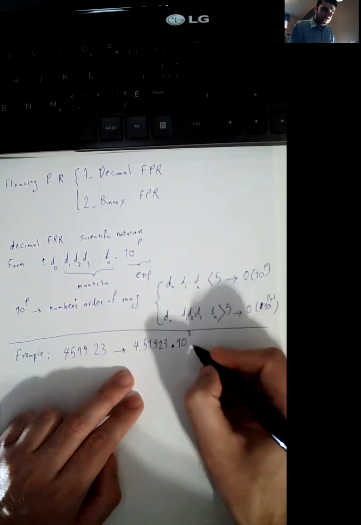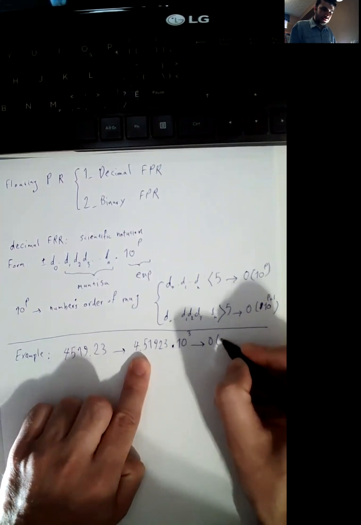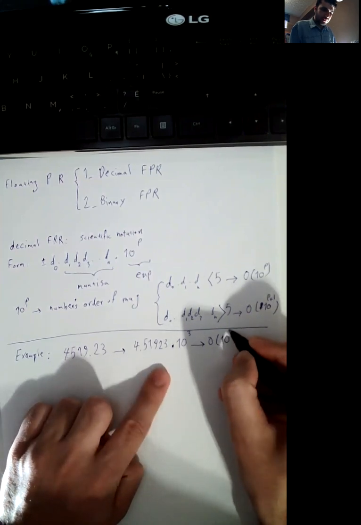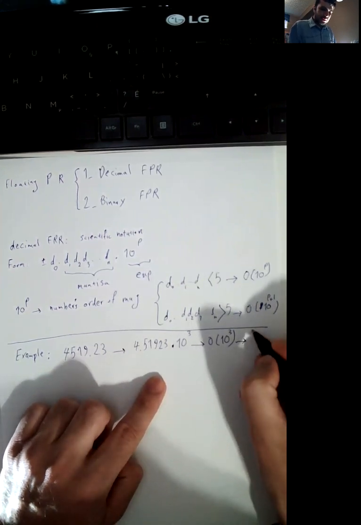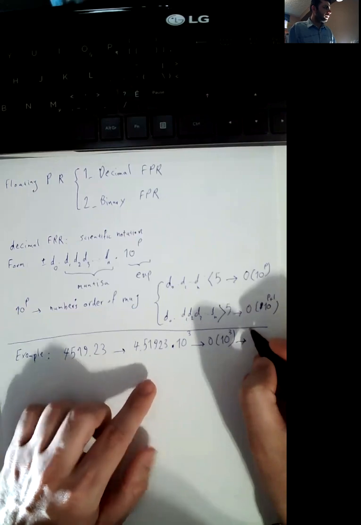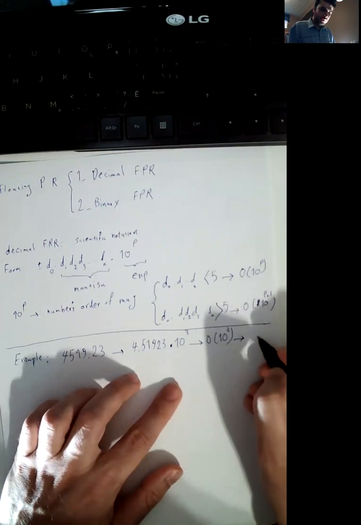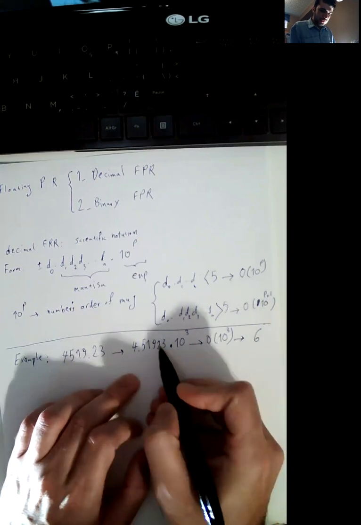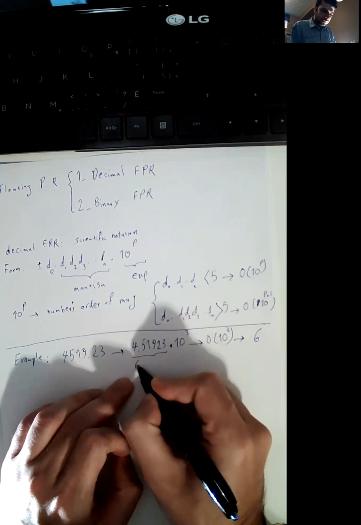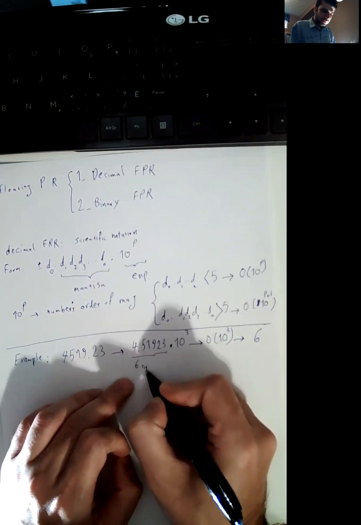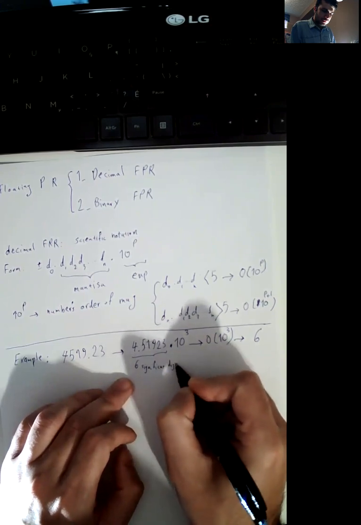The order of magnitude, because this number is less than 5, is 10 to the power of 3. And the number of significant digits for this number is 1, 2, 3, 4, 5, 6. So 6 significant digits.